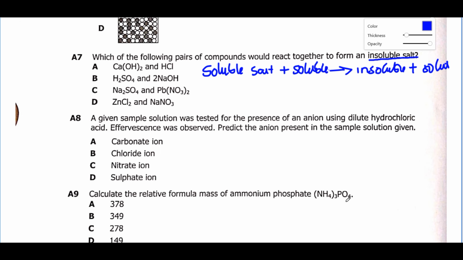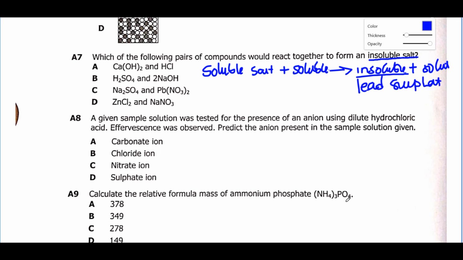So we are supposed to choose 2 soluble salts from the given multiple choices that can give us an insoluble salt.